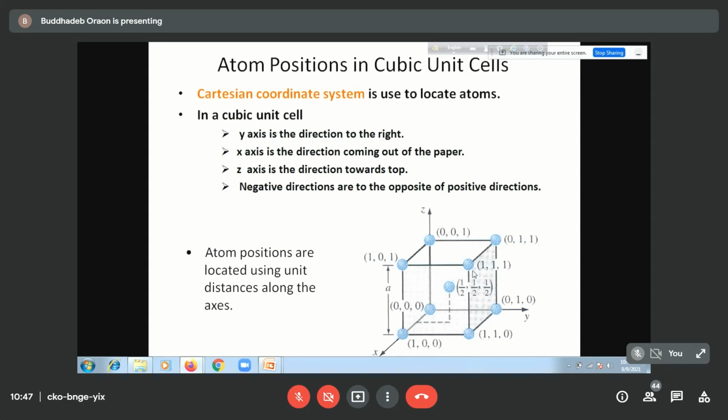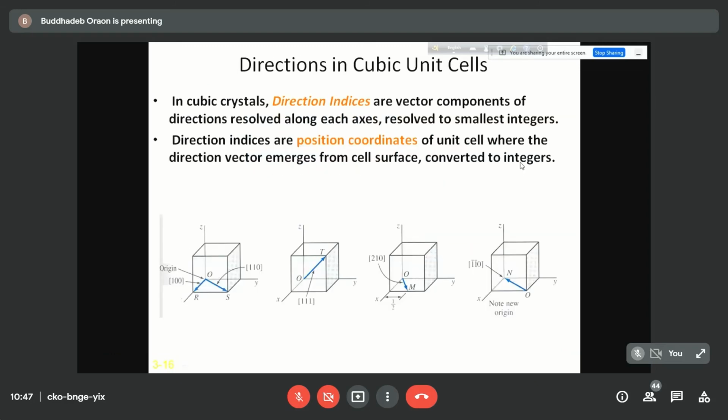Obviously, if I want to locate this particular atom, it is 1, 1, 1. This particular atom, it is 0, 1, 1. So you can denote any particular position, not only the atoms, any position in this unit cell in terms of X, Y, Z. This idea is used here in denoting the directions and things.